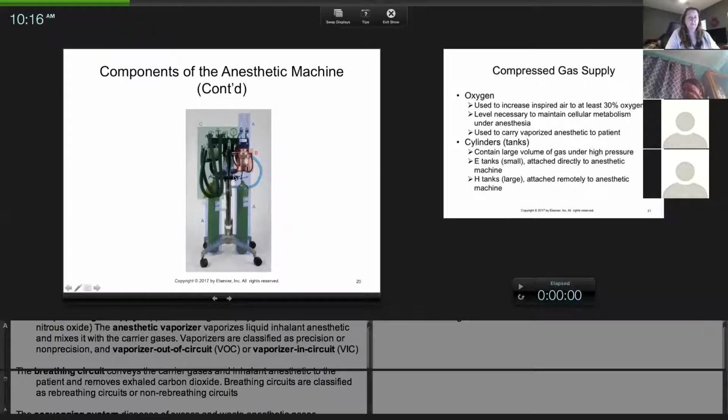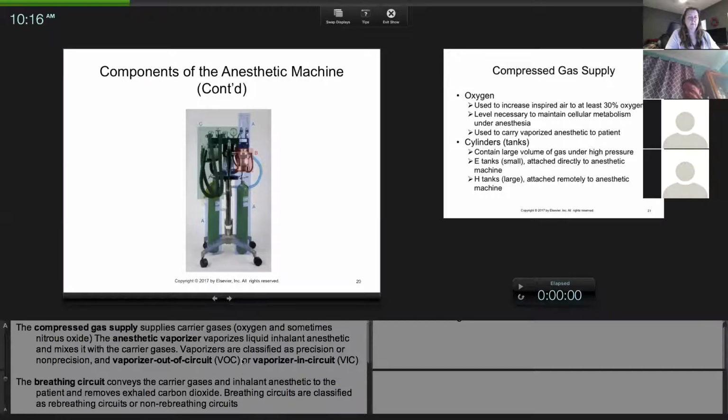So slide number 20 just shows you the picture of the machine. Below in the gray, it tells you what everything is. So the A are the oxygen tanks, B is your vaporizer. Up at the top here, and this letter A up here are your flow meters, okay? That little circle there is your pressure manometer. That tells you what you're bagging your patient to, which is in centimeters of water.